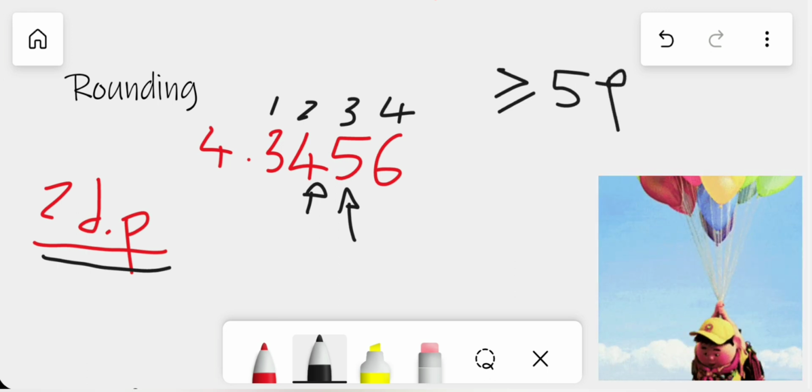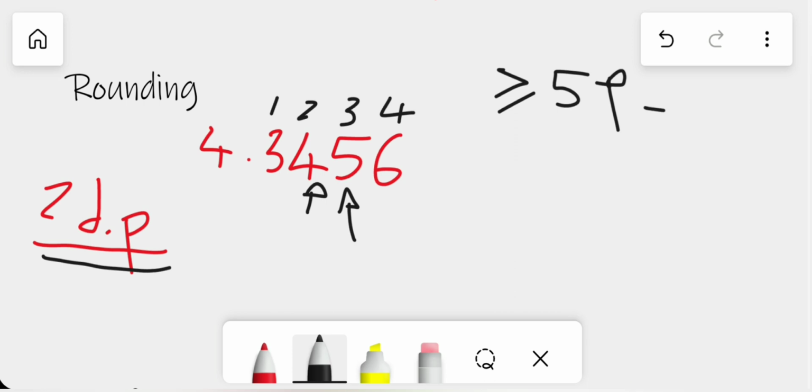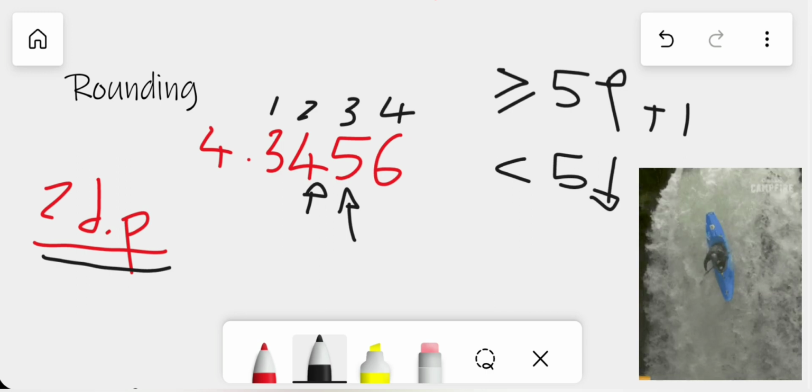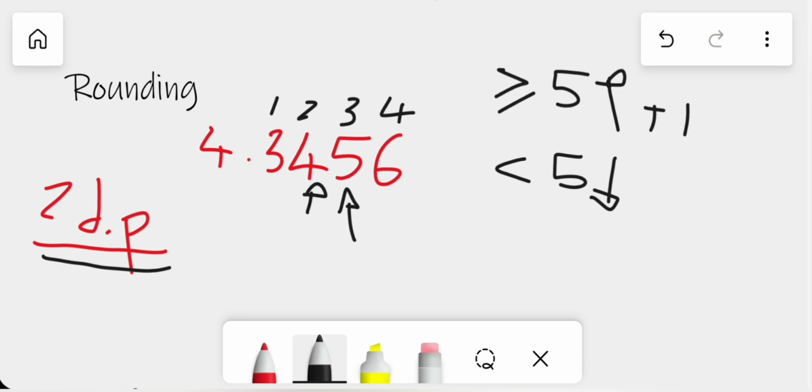In this case, rounding up will mean that we will add 1 to our number that we're interested in, and it would be the 4. However, if it is less than 5, then we will round down. And in this case, rounding down will mean to cut off whatever else that was there.